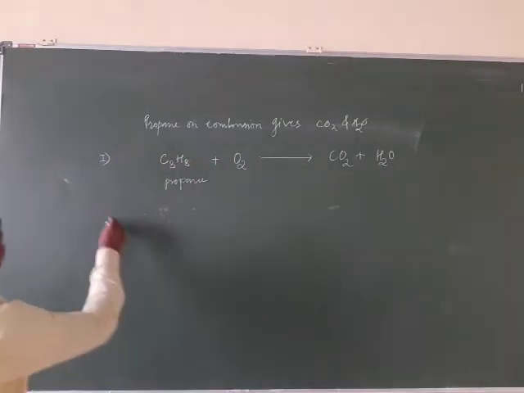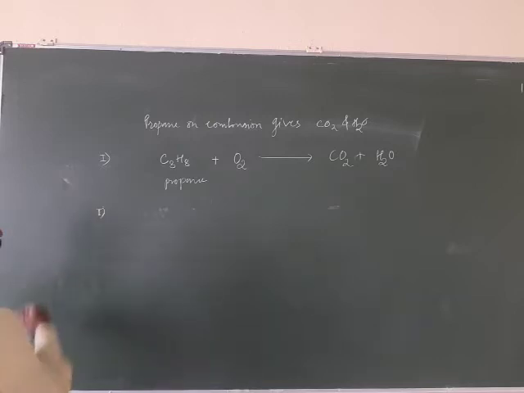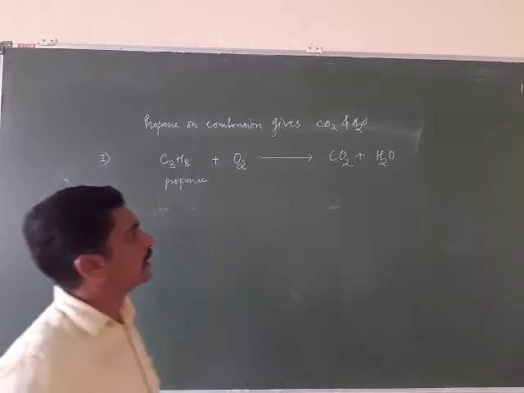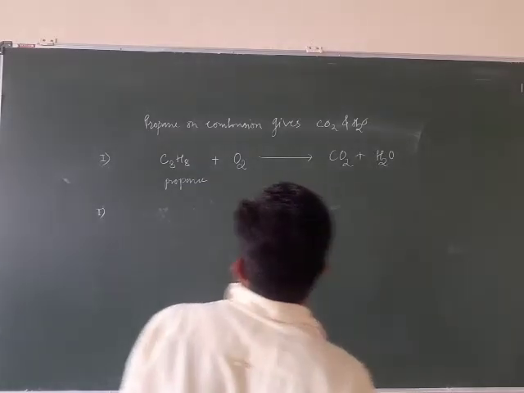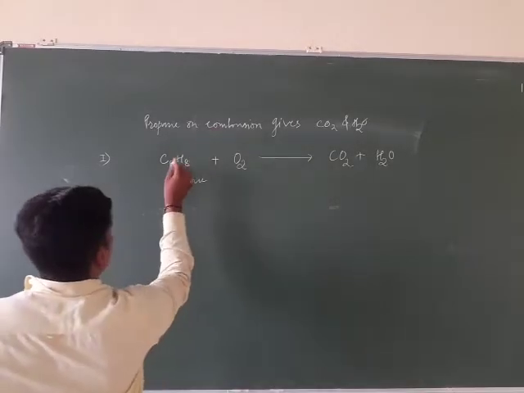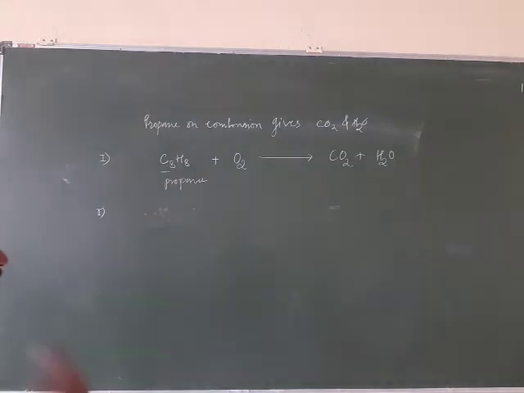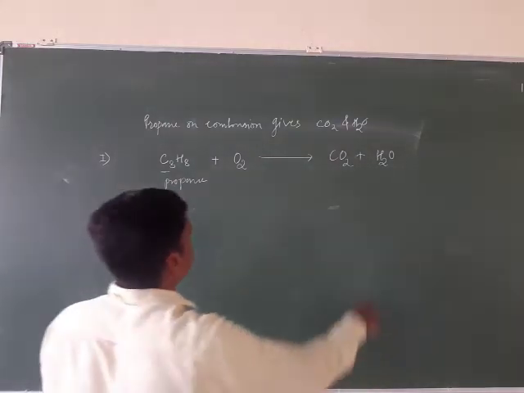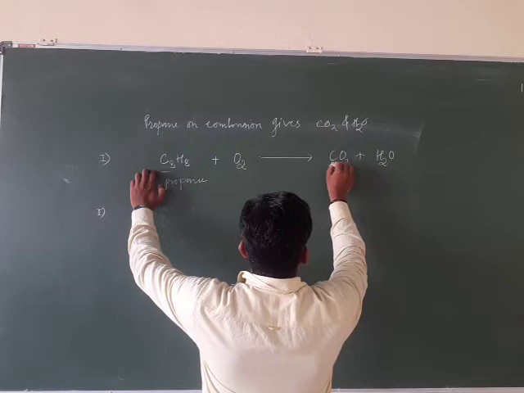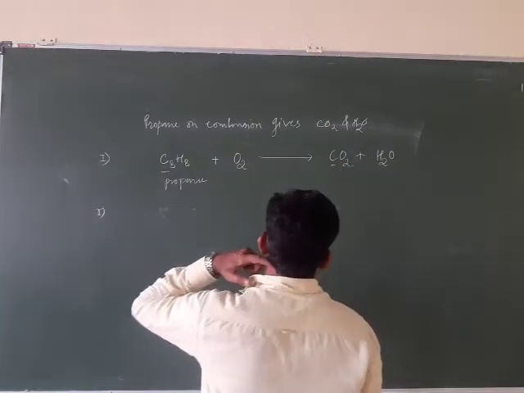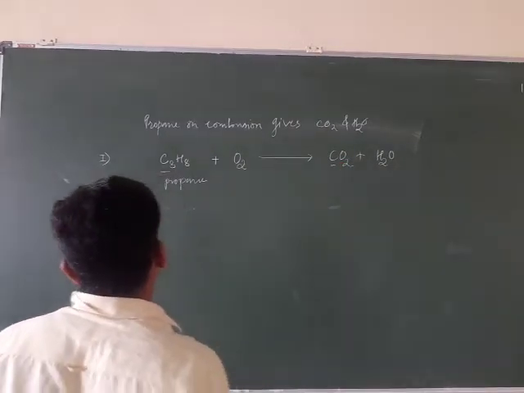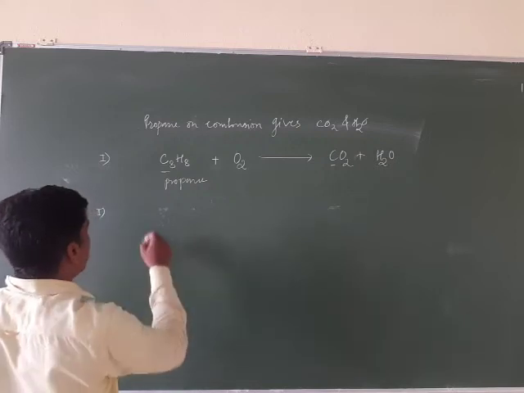Now in the second step we have to balance all elements other than hydrogen and oxygen. If you check over here, there are three carbon atoms on the left hand side, but only one carbon atom on the right hand side. So balance that first.